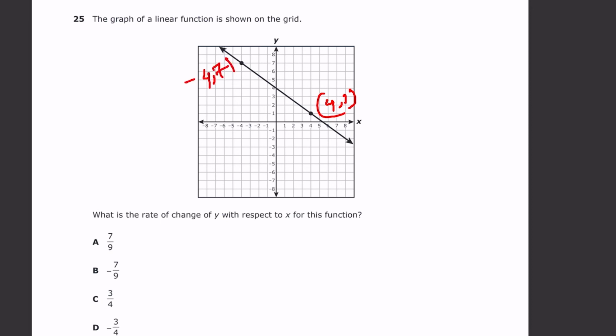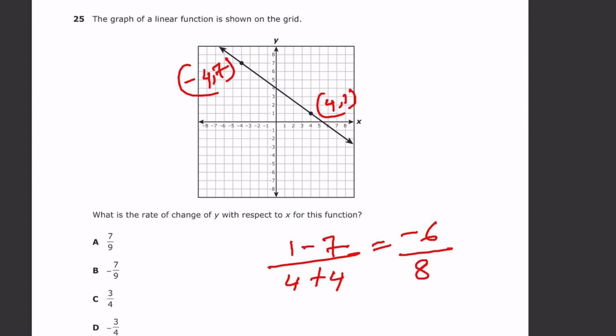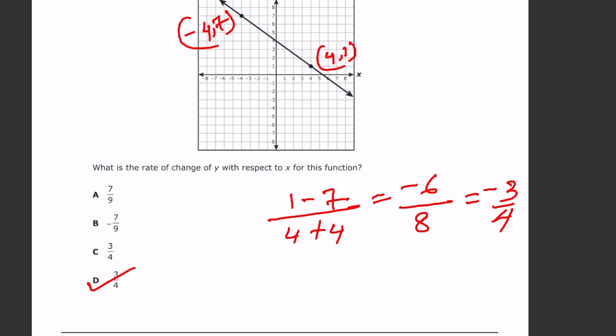From this you can find the slope. It is nothing but 1 minus 7 divided by 4 minus minus 4, that is plus 4. So you're getting minus 6 divided by 8, which is equal to minus 3 by 4. So the option is D.